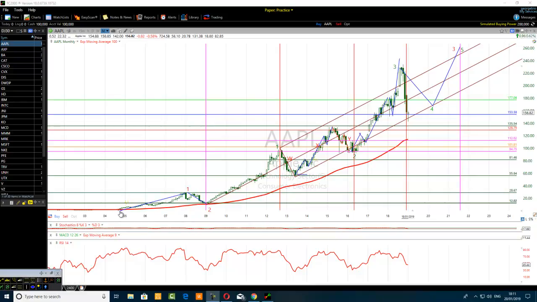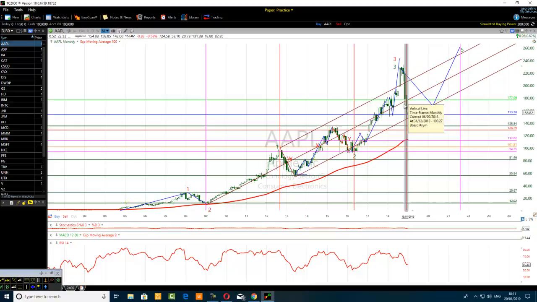Previously, counting waves, we said this is the first wave on the monthly chart, second wave, and we said to traders that probably this is the third wave of a higher degree that is starting from here and will end somewhere here. Or it is the end of the third wave of a higher degree.